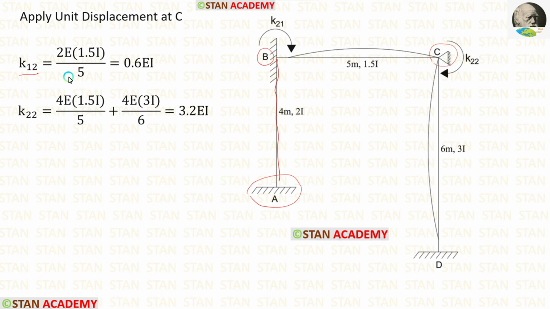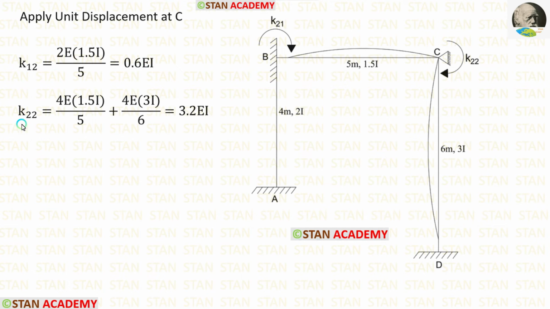If the far end is hinged, the formula is 2EI upon L. Length of BC is 5. Let us apply that. The moment of inertia for BC is 1.5I. So instead of I, we have to apply 1.5I. For K12, we are getting 0.6EI.